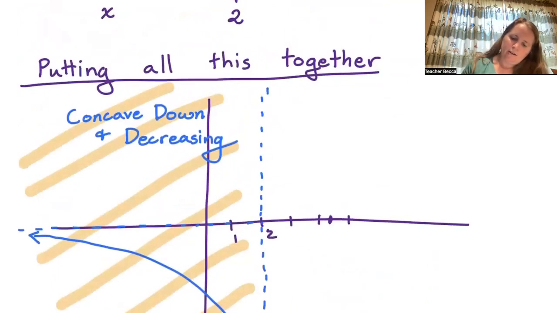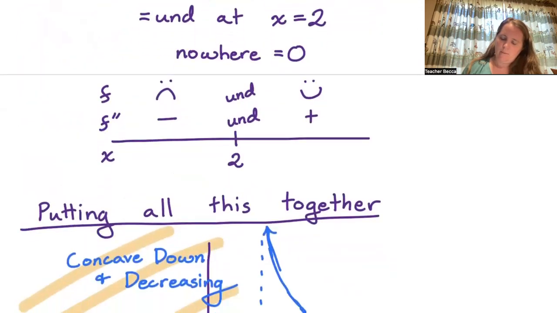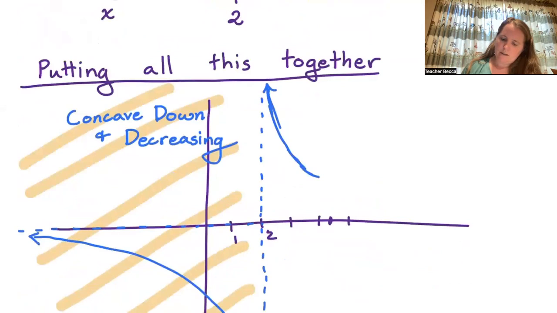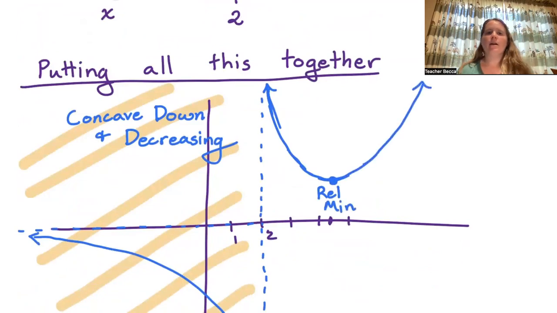We're starting with a vertical asymptote coming down from x equals 2 from positive infinity. We know that we are concave up for this part. We decrease until our relative min at 4.299. And we increase beyond that. We are concave up for this entire component.